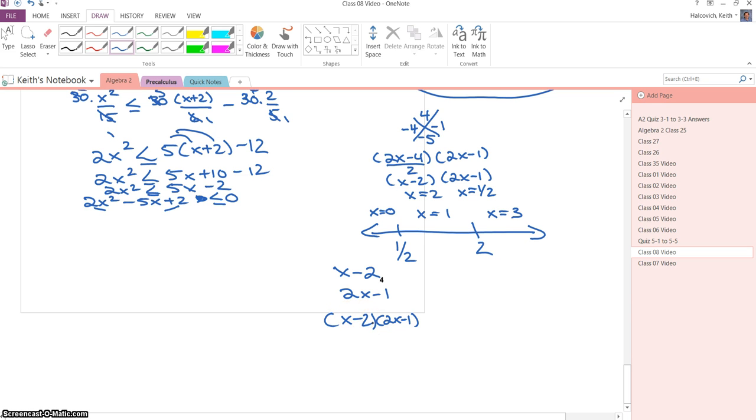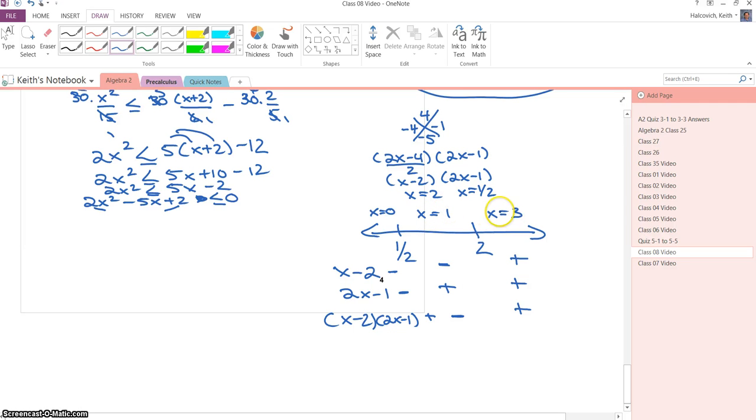When you put 0 in here, you get a negative, negative, and when you multiply them, you get positive. When you put 1 in, 1 minus 2 is negative 1. 2 times 1 minus 1 is positive 1. And when you multiply them, you get negative. 3 minus 2 is positive. 2 times 3 minus 1 is positive. Multiply them is positive.